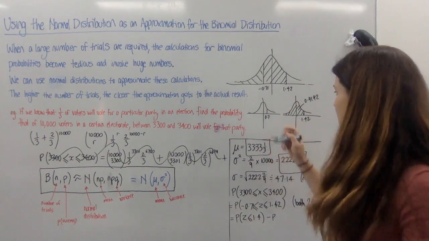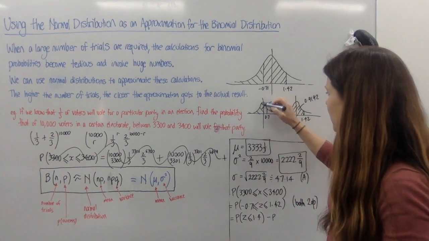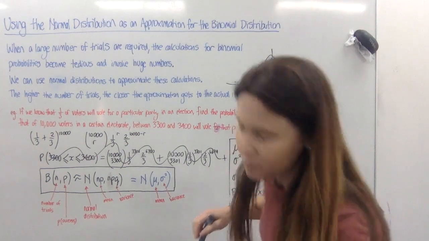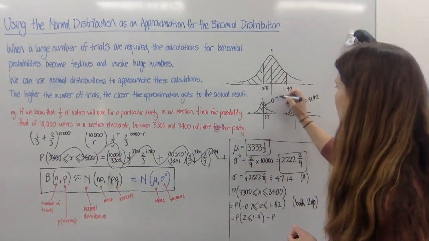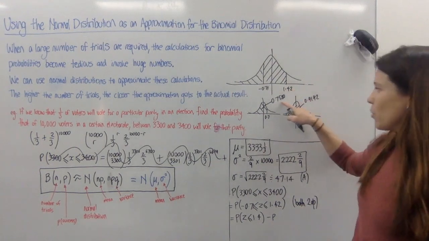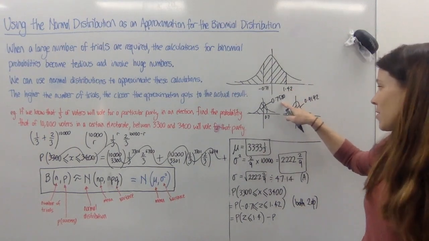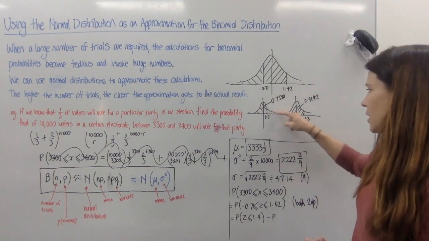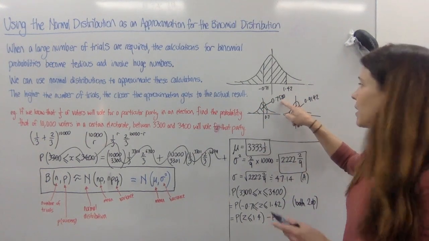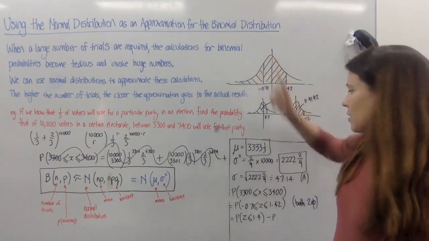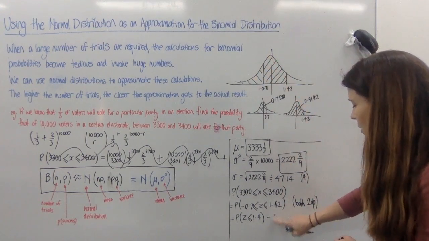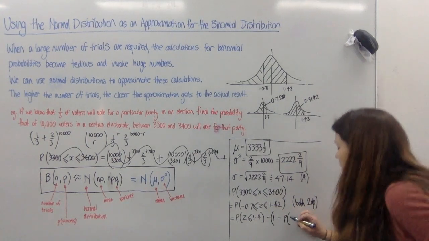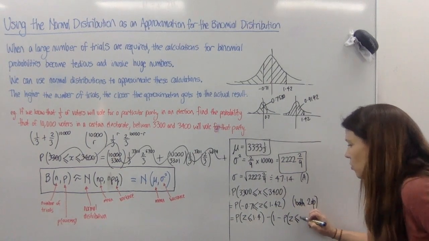And if I look up my z-score, the probability of being in this whole section, 0.7, is 0.7580. Now, if there's 0.7580 chance of being to the left of 0.7, can you see how the top tail here, the small part, will be 1 minus that? And that's going to be the exact same size as this tail. So I want to subtract 1 minus the probability of Z being less than or equal to 0.7.